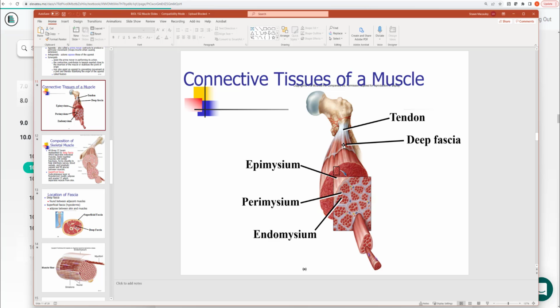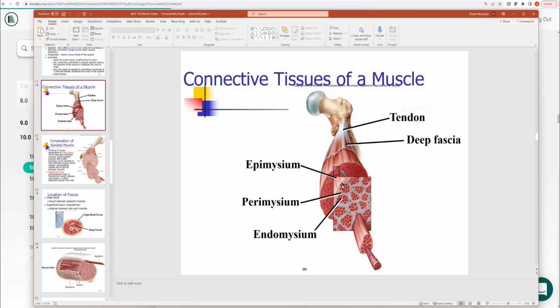In addition to the deep fascia, now we have the epimysium, perimysium, and endomysium. So if we take a look here, here's the muscle, the outer edge of that muscle. If I look at the outer layer of the muscle, that's the epimysium. Within the muscle, I have these circular arrangements called fascicles.